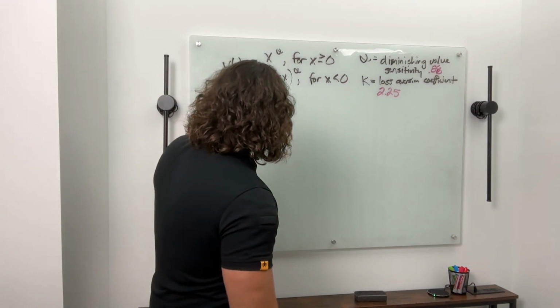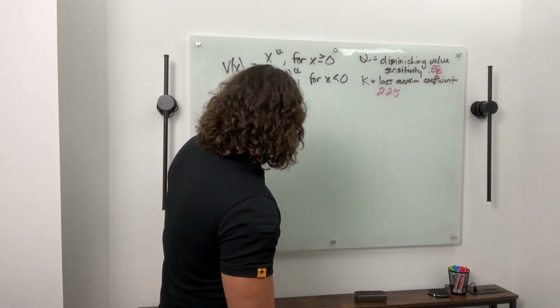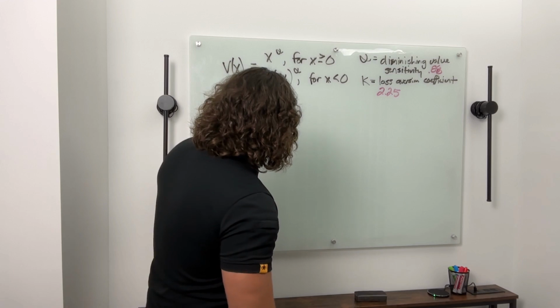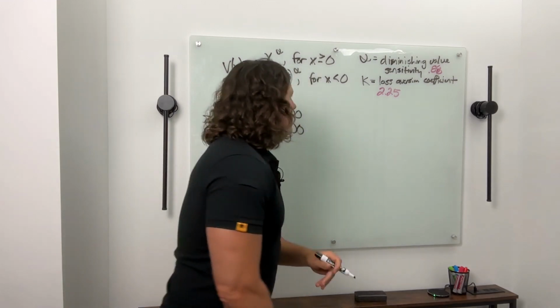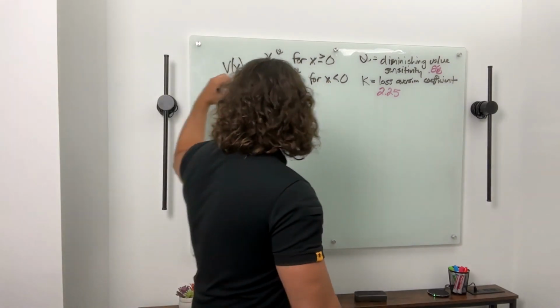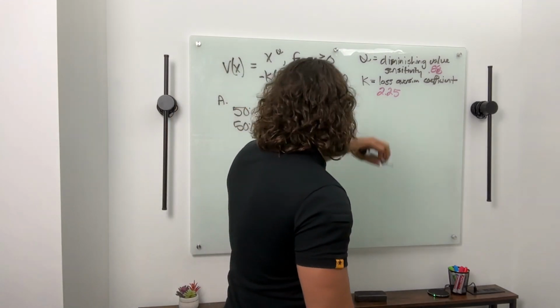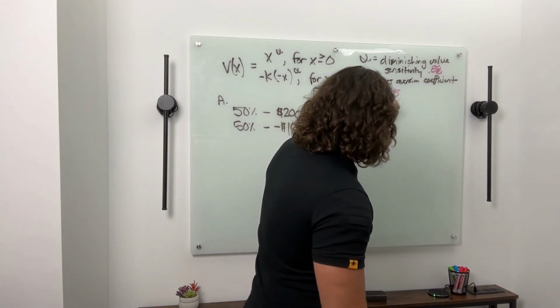We've got a 50% chance that we would gain $200 and a 50% chance of a loss of 100. So now let's see if we would actually take that, and we'll compare it to not doing anything at all. Easy math right there, 100% chance of $0.